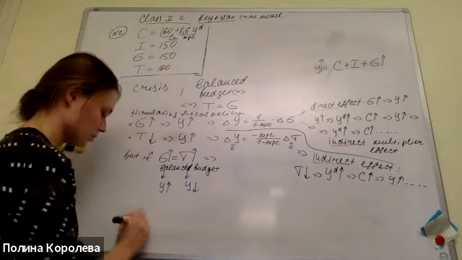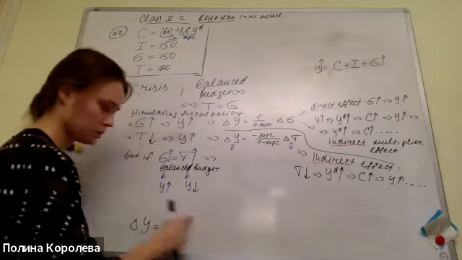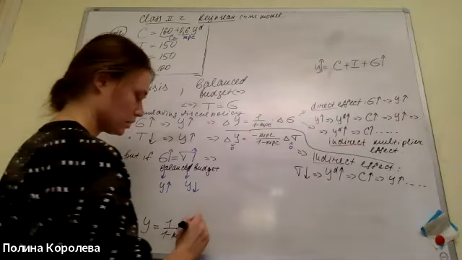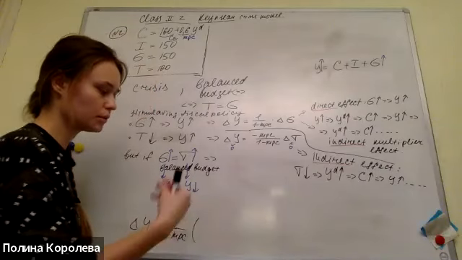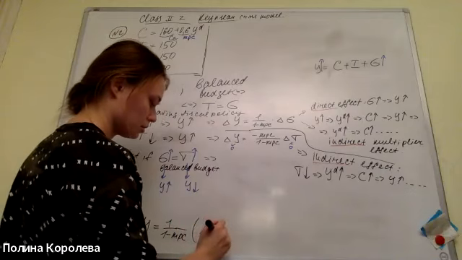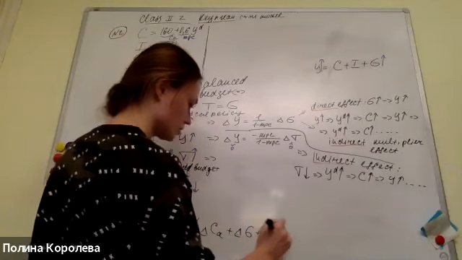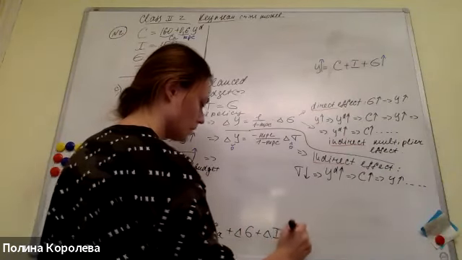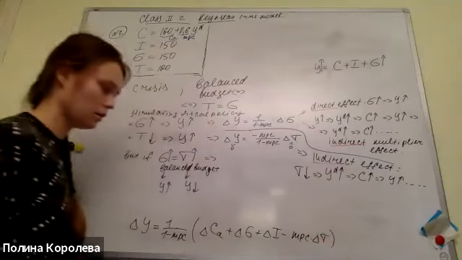One more time, the change in GDP is 1 over 1 minus marginal propensity to consume, this multiplier, times autonomous spendings. And here we will have all changes of autonomous spendings: change in autonomous consumption plus change in government spendings plus changes in investments, minus marginal propensity to consume multiplied by the change in taxes.